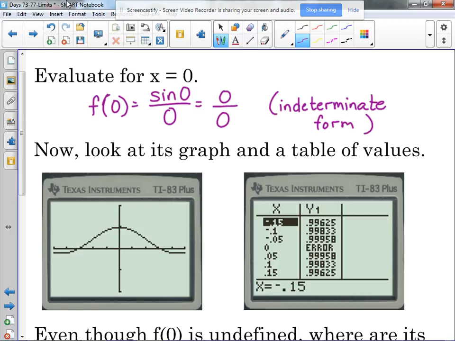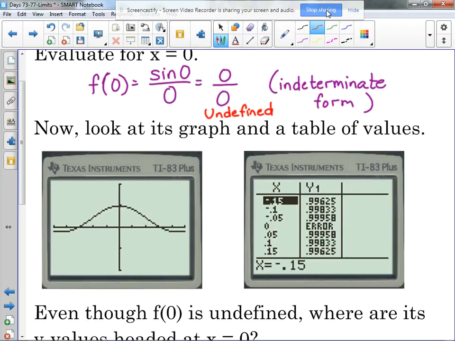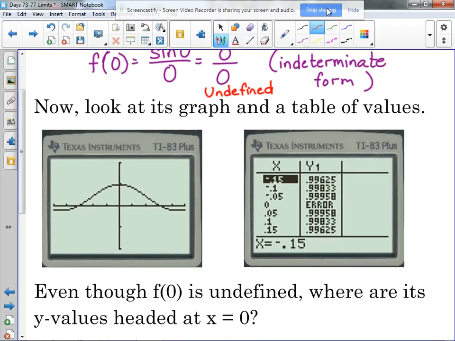If we get 0 over 0, technically the function is undefined. We can't find the value. Even though it's undefined right there, where are its y values headed? What are the y values getting really close to as we get closer and closer to x equals 0?